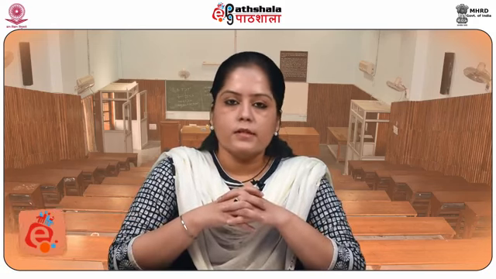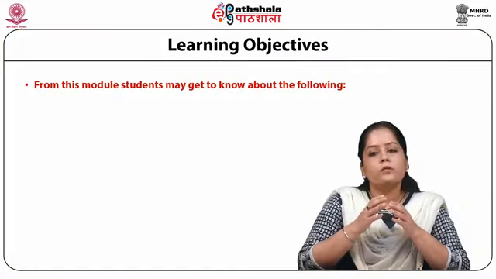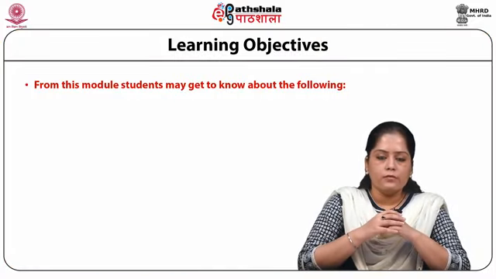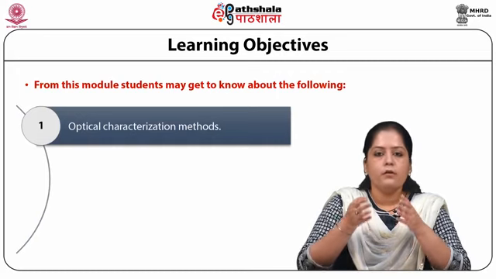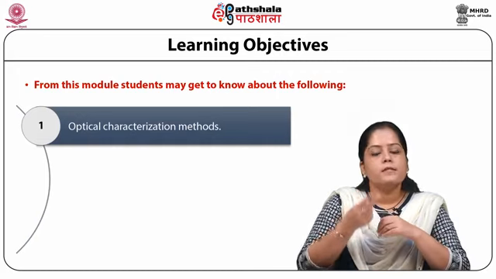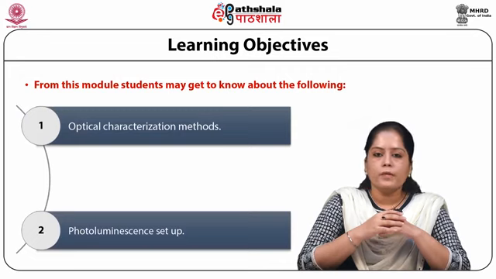So students, today we are going to discuss the module Optical Spectroscopy from the paper Physics at Nanoscale. The learning objectives of this module are: first, we will discuss the various optical characterization methods. Second, the photoluminescence setup.